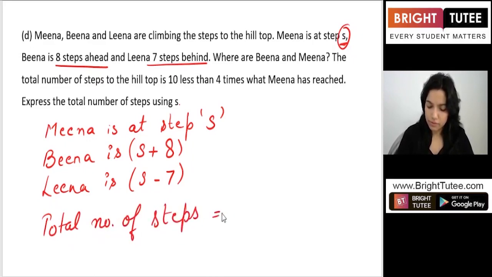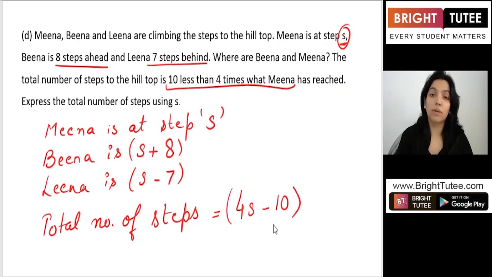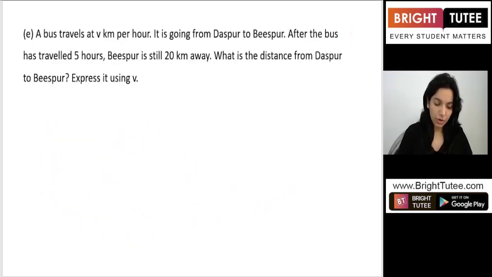So total number of steps is equal to 10 less than 4 times of Meena. So it is 4 times of S because S is where Meena is, and from this we take away 10. So this is the total number of steps, right? I hope it's simple and easy to understand how we are writing the statements which are used practically and how we are writing them in expressions.